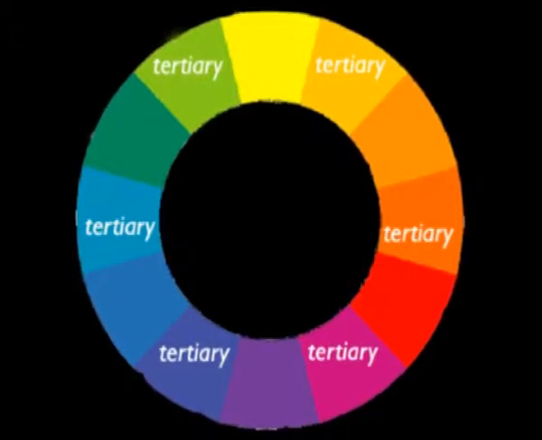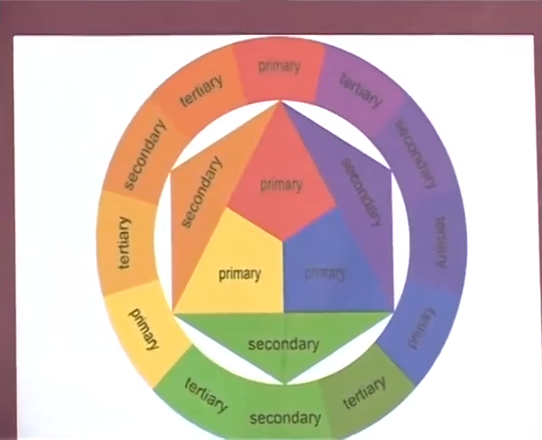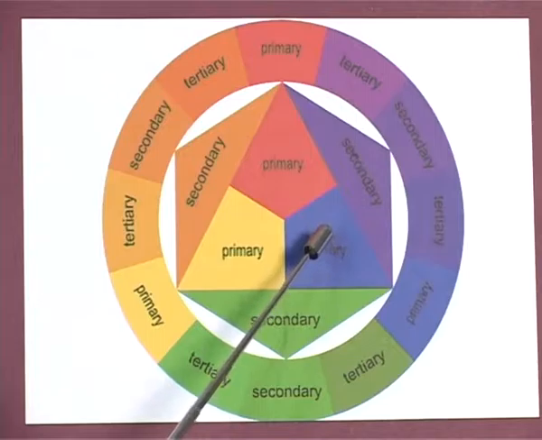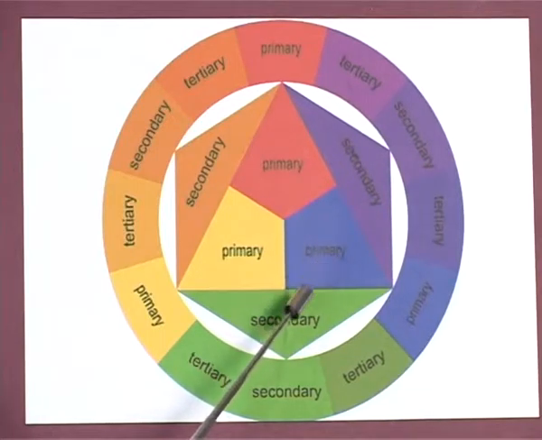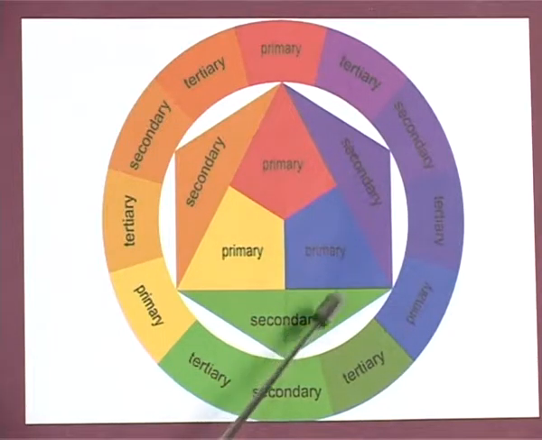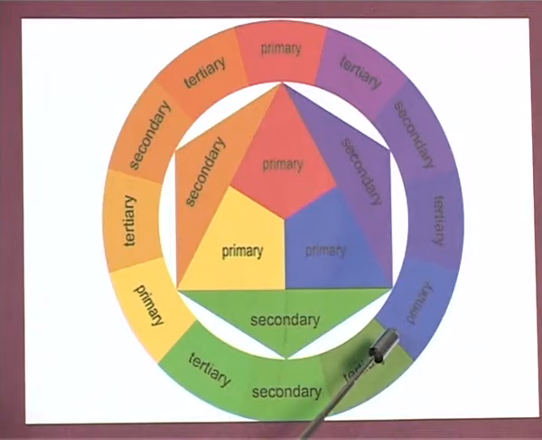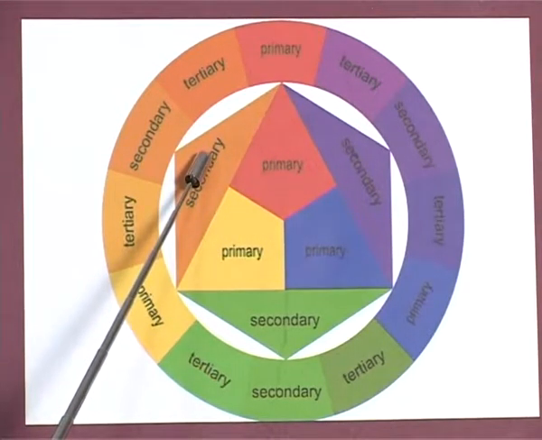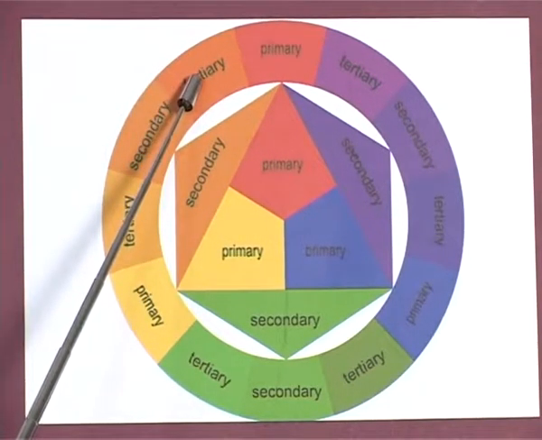The intermediate steps between the six basic hues are called tertiary colors. Like between blue and green is called blue-green. Between red and orange is called red-orange.